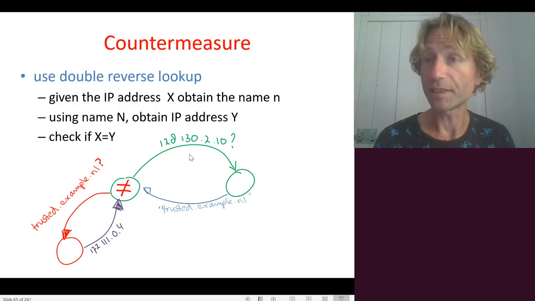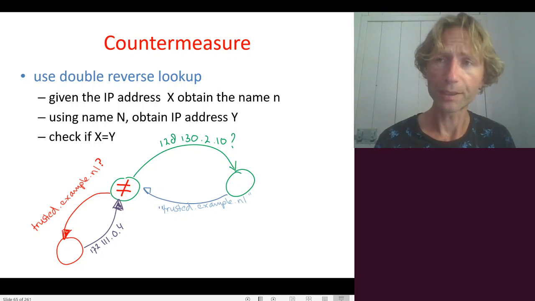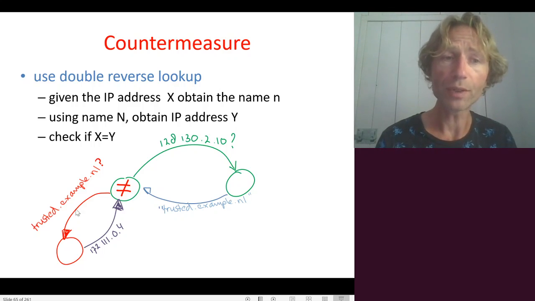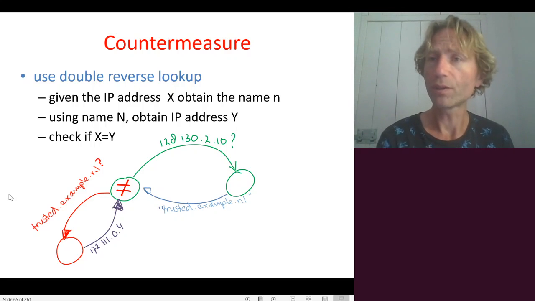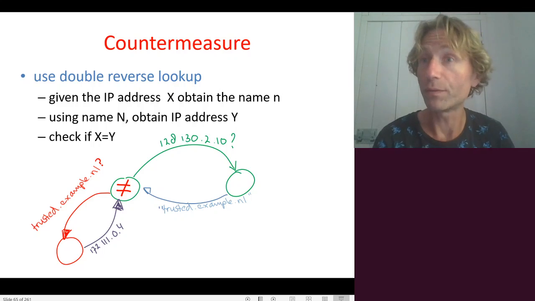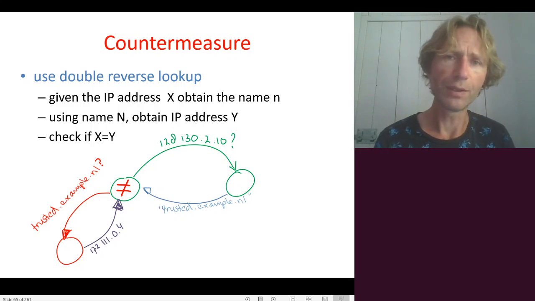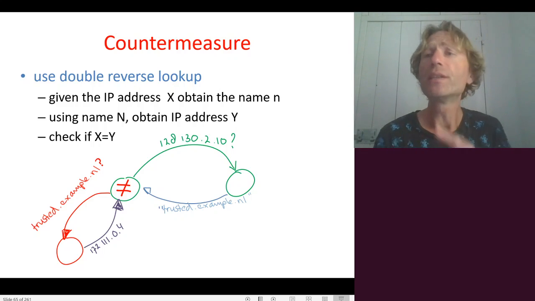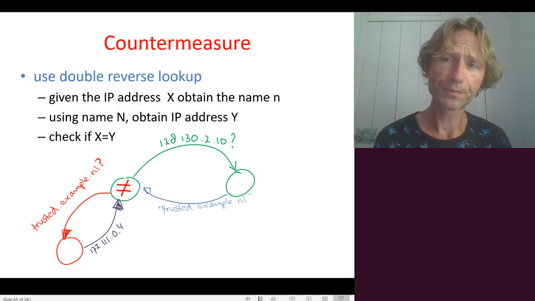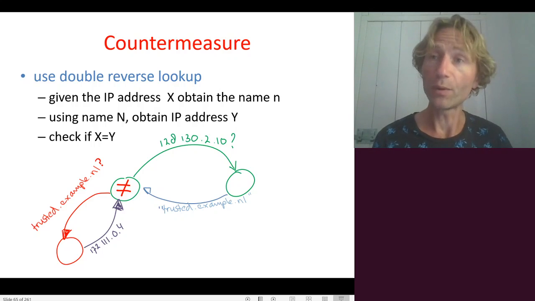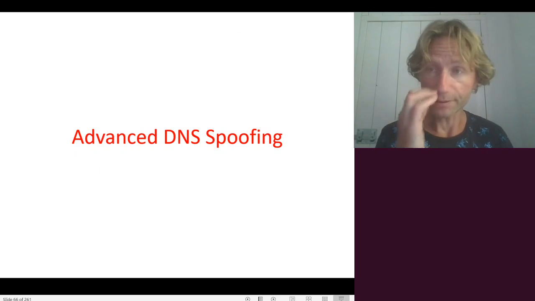And it notices that this is not the same, and that something is wrong. The attacker doesn't control this. It cannot control trusted example.nl. It doesn't have the name server of trusted example. So the attack is thwarted. But still, this is a weak authentication scheme. And what we're going to do now is look at slightly more advanced DNS spoofing.